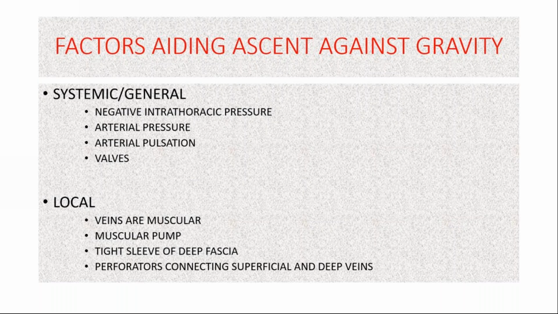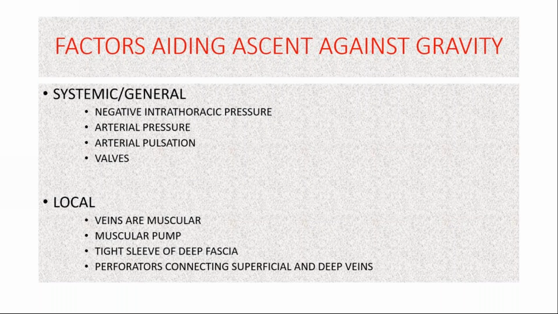So if the blood is flowing from below upward, it cannot go from upward to downward because the valves permit only unidirectional blood flow. There are valves within the superficial veins, as well as in deep veins and in perforators.